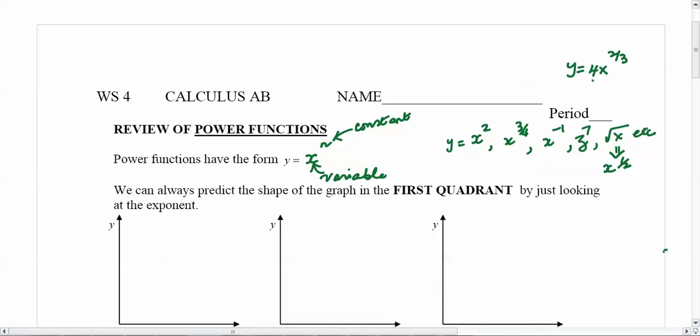That's simply a vertical stretch of the power function y equals x to the 2/3.